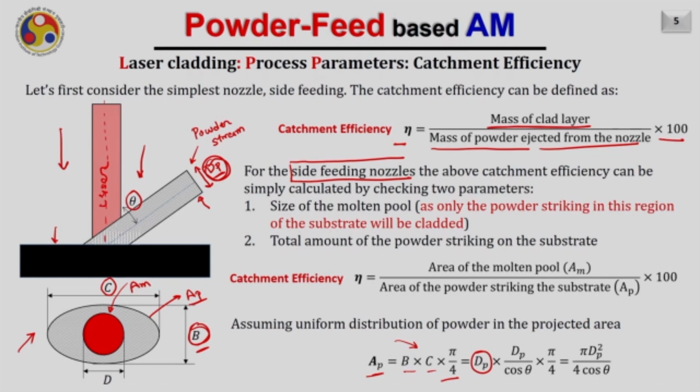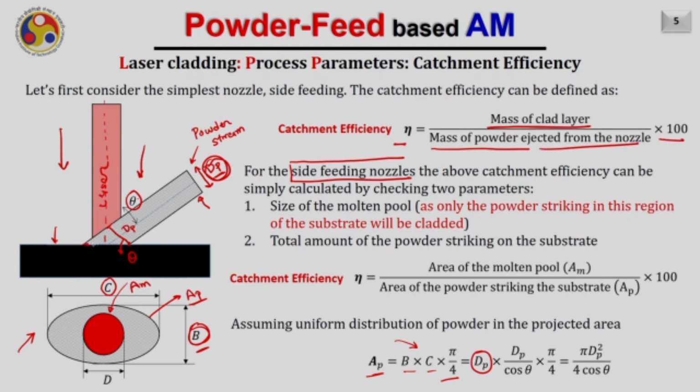Now let us assume that I draw a perpendicular from this point to here. The length of this perpendicular will be dP, and if the nozzle makes angle theta from vertical, then the perpendicular of this nozzle will make angle theta with the horizontal as well. So this angle will also be theta.